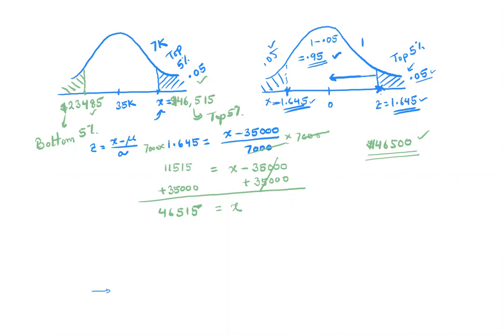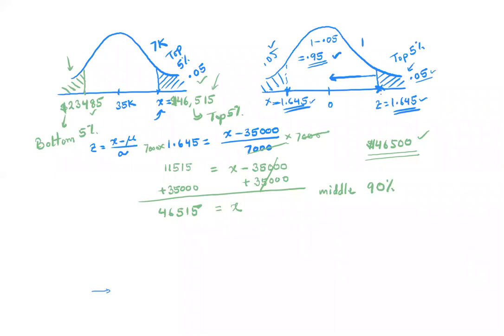Now, what if I want you to find out the next question? How much do you have to make to be among the middle 90% of the wage earners, or the middle class of the society? That problem is actually already done for you, because bottom 5% is 23,485 and top 5% is 46,515.